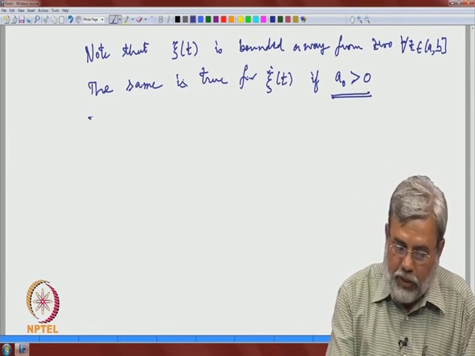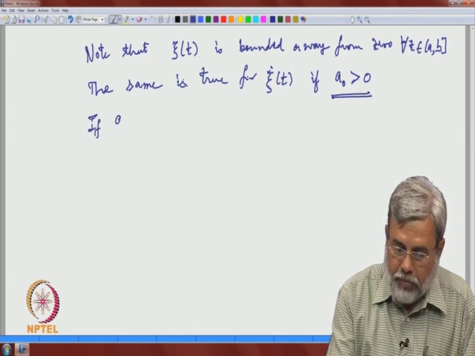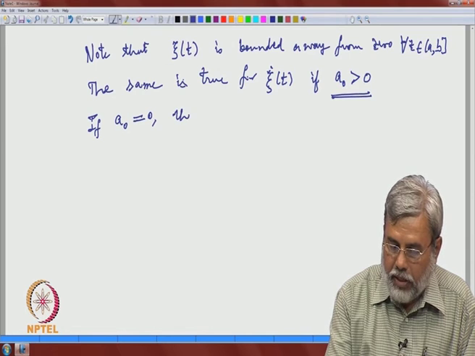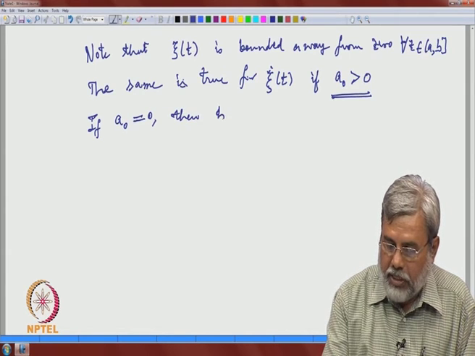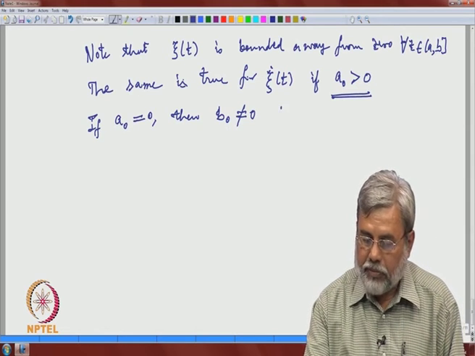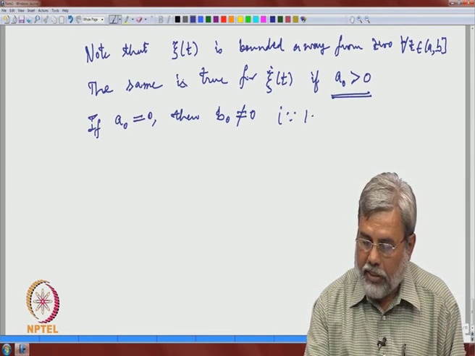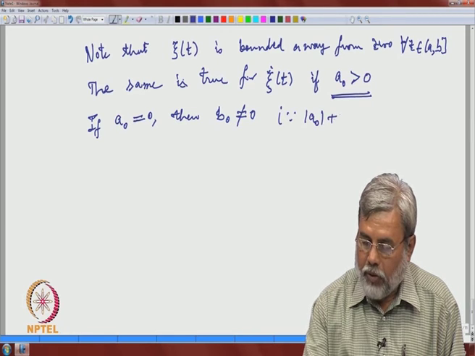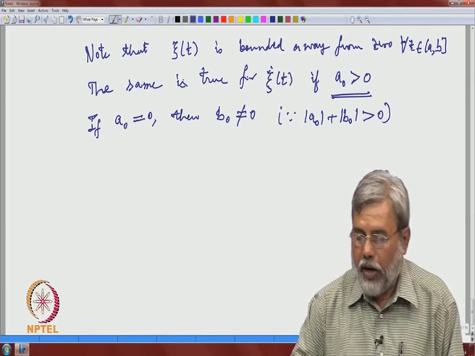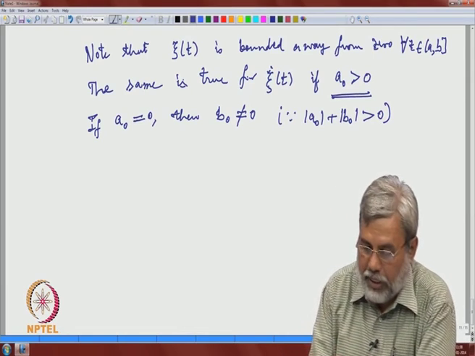So, if A0 is 0, then B0 is not 0. So, this is one of the hypotheses. In the second theorem, we want this A0, B0 should not vanish simultaneously.